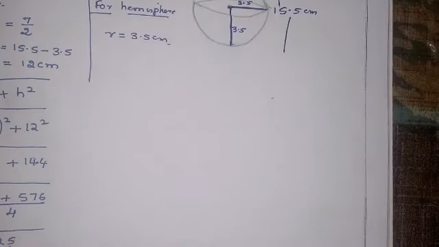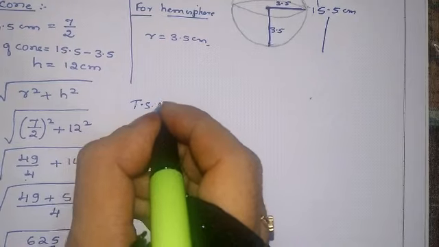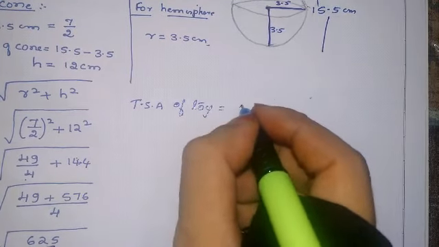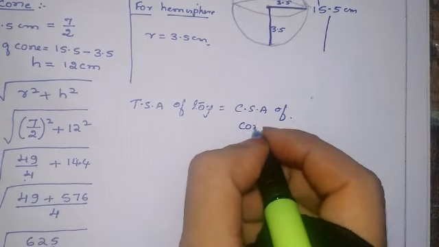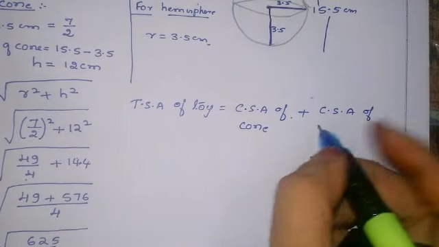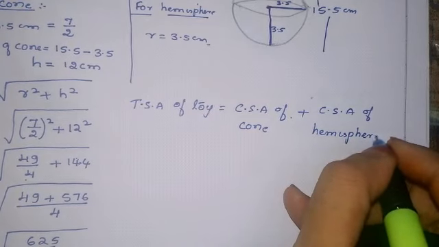Now let us substitute in the problem. Total surface area of the toy is equal to the CSA of the cone plus the CSA of the hemisphere.